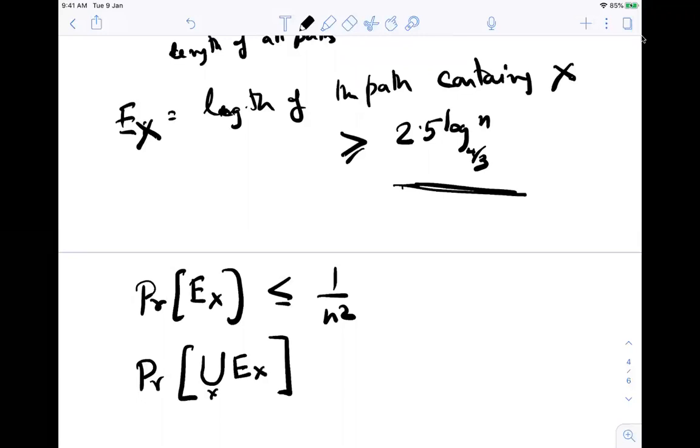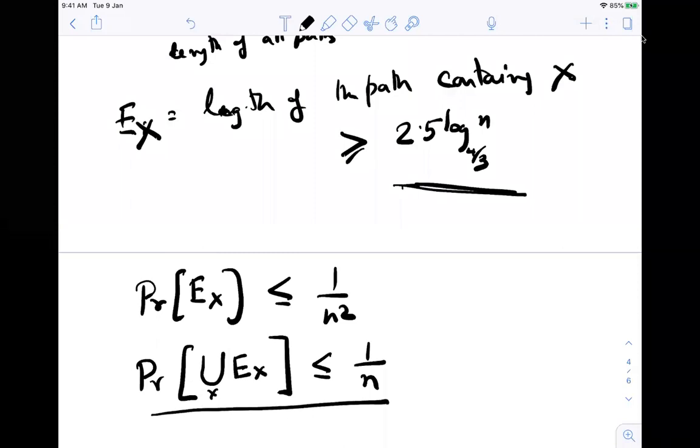Right? And now this x is basically, there are n of them. So this is therefore less than 1 by n. So that means there is only this much probability that for some x, the path is bigger than this quantity.